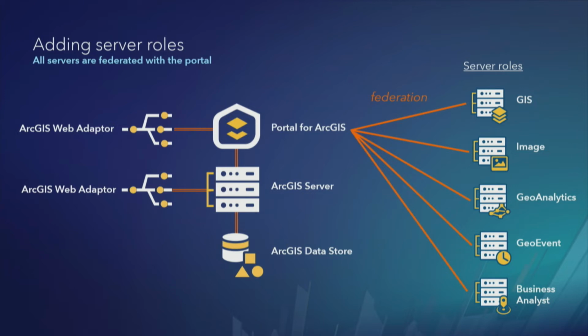So whenever you're doing things, think about how your base deployment plays a role in this. For example, if you want to implement GeoAnalytics Server, you'll need what's called the spatiotemporal data store, and I'll get to that in just a second. If you have this thing, where does it go? You know that GeoAnalytics needs it, so maybe it goes with that. No, it goes with your base deployment. The server roles connect to your base deployment. Data stores are registered at the base deployment.